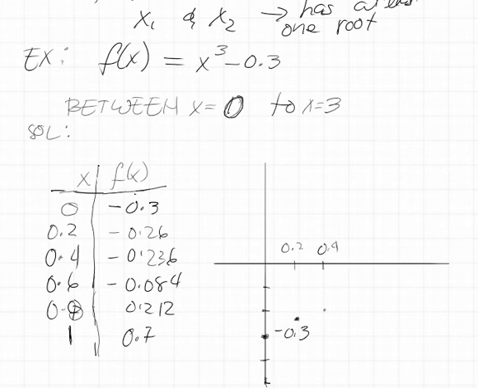Then 0.6 is negative 0.084. Then 0.8, this is 0.8, it will be positive, somewhere above here. Then at 1, it's 0.7, so somewhere here. So if we draw the graph, this will be our f of x.